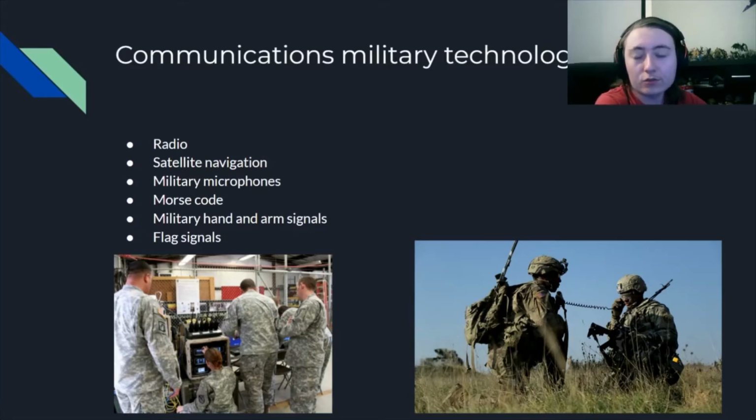We have a wide array of many different communication technologies. Some we use, some they use, but something they still use even now is military hand and arm signals for raids, infiltrations, whenever they want to be quiet and off the comms.